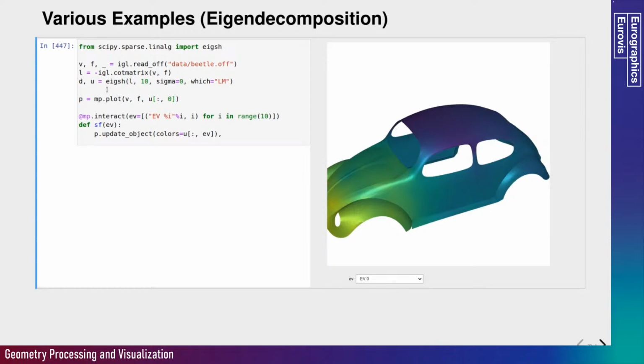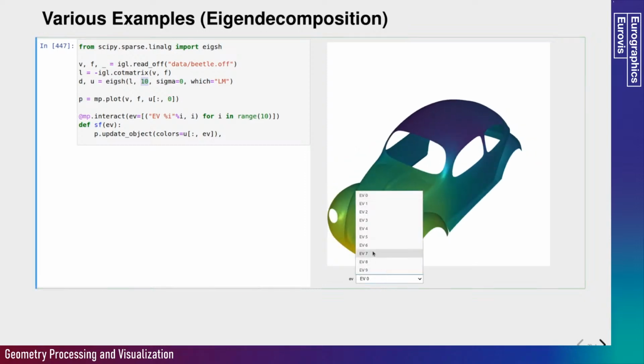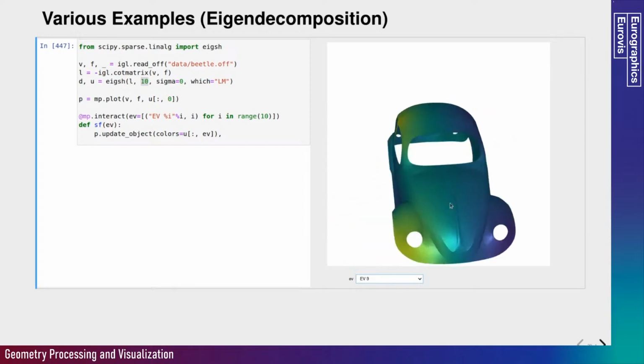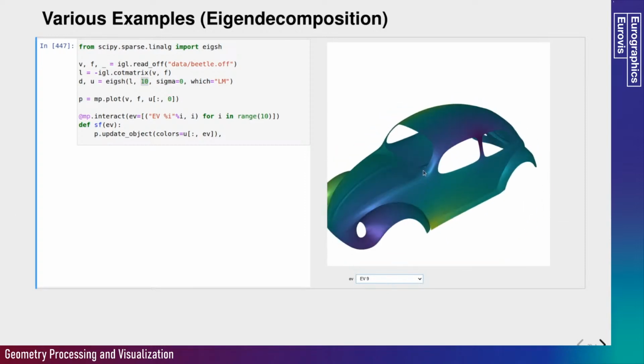So again, we use SciPy to calculate the eigenvectors here, and we just calculate the 10 eigenvectors to the 10 smallest eigenvalues, and then we visualize those on top of our geometry with a color coding, and we can now switch through the different eigenvectors and we see that they represent the geometry differently.